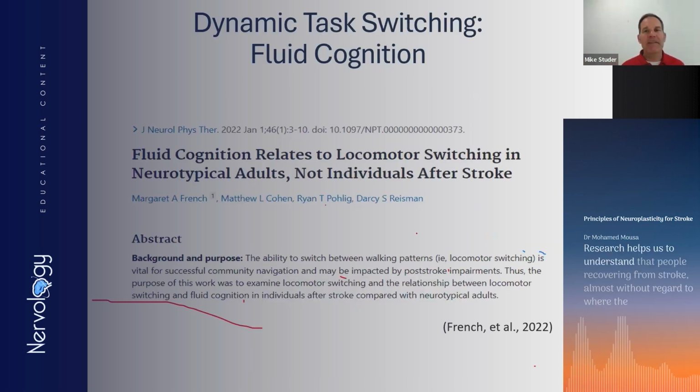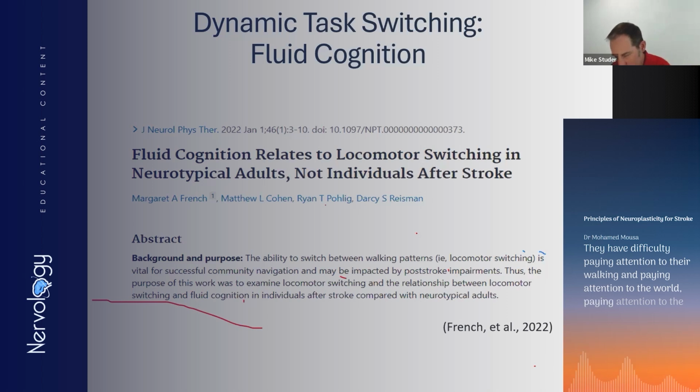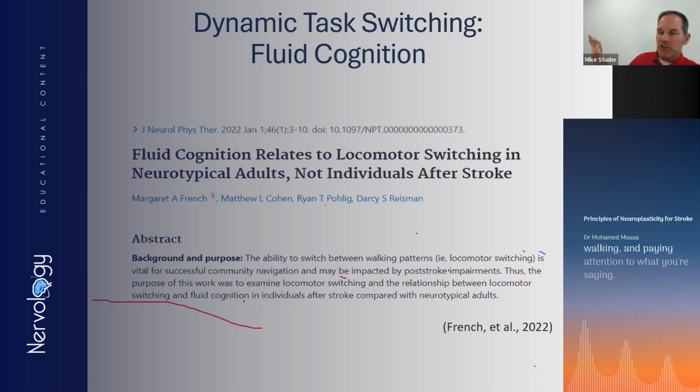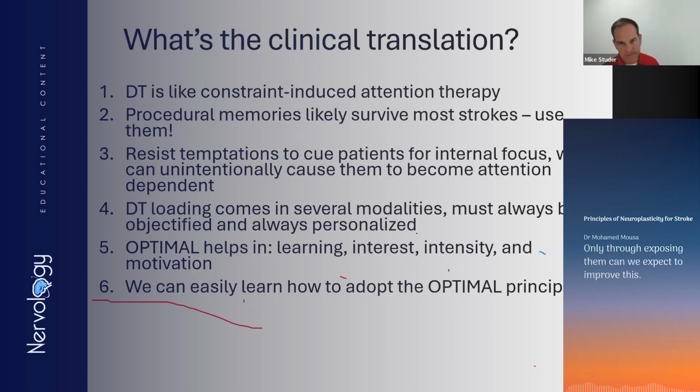Research helps us to understand that people recovering from stroke, almost without regard to where the stroke lesion is, will have difficulty with task switching, fluid cognition. They have difficulty paying attention to their walking and paying attention to the world, paying attention to the walking and paying attention to what you're saying. Only through exposing them can we expect to improve this.